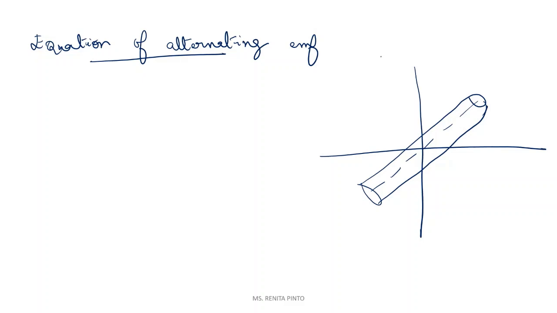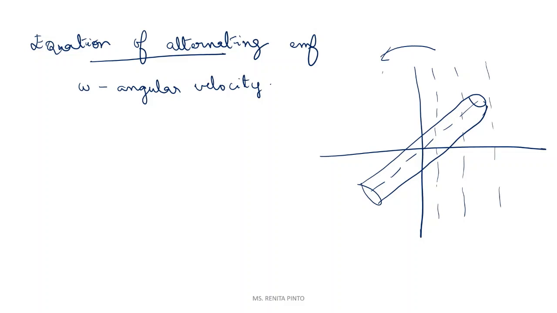We are assuming that the coil is rotating in the anticlockwise direction with angular velocity of omega radians per second. This is the flux direction, and this is the uniform magnetic field.